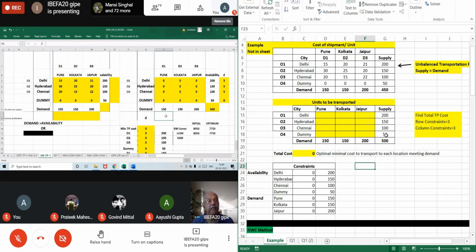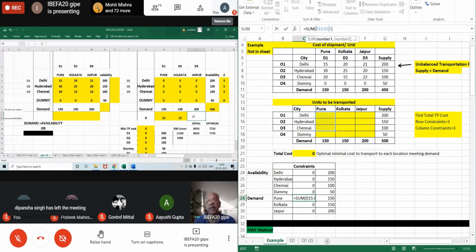And here 15 and 25. 15 and 25. And 0 and 15, 15. 0 and 15, again 15. 0 and 20, 20. So 0 is the minimum.